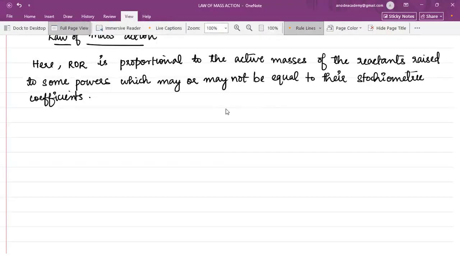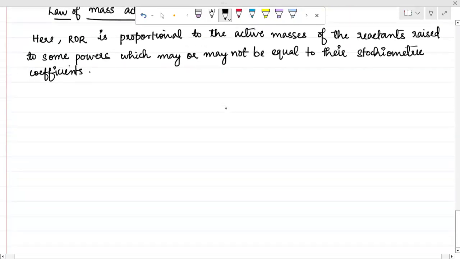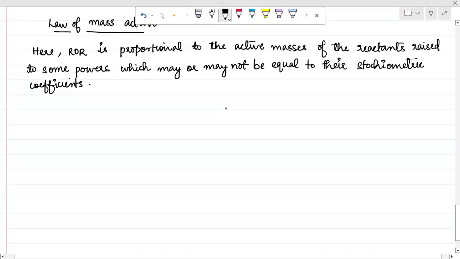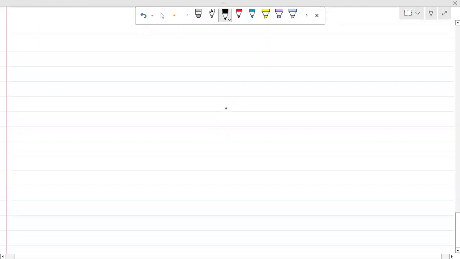Okay, please note it down. Once you have noted down, let's write an example by which you can understand. For example, let's say that you have aA plus bB giving you some products.